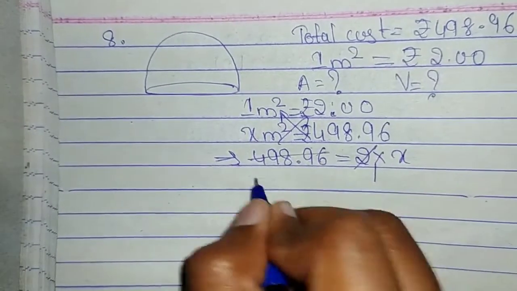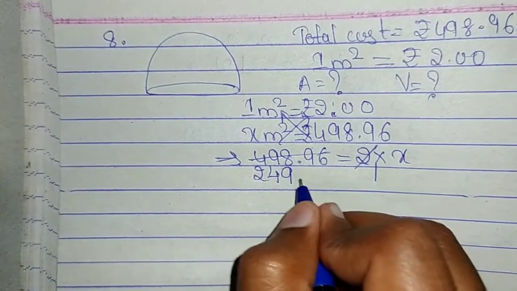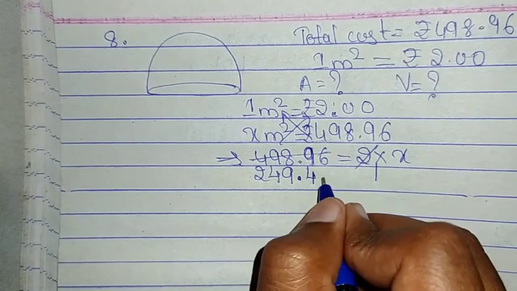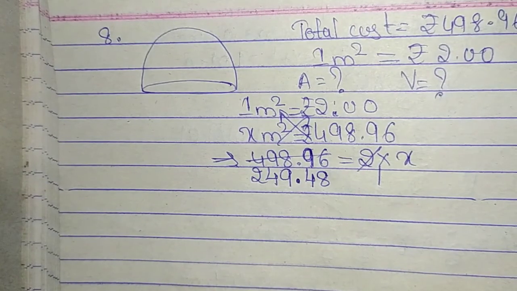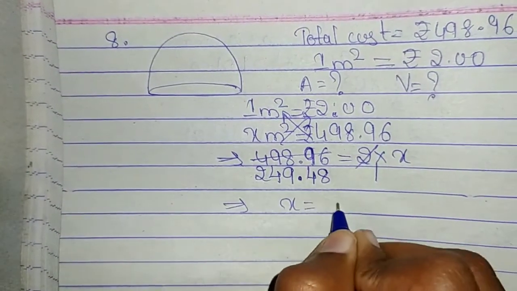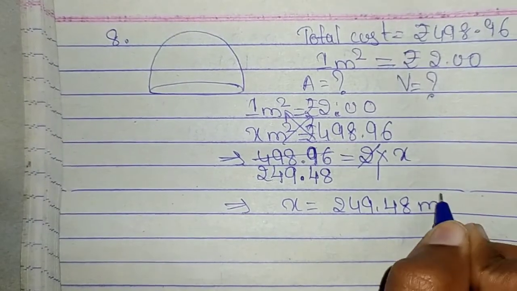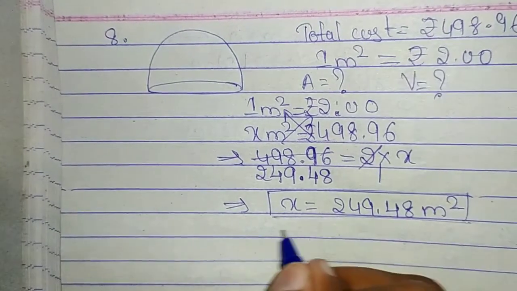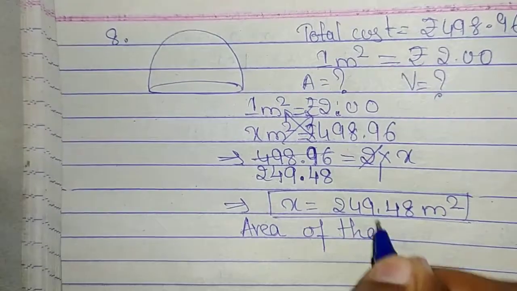So 498.96 by 2 is nothing but 249.48. So x is equal to 249.48 meters square, because it is rupees 2 per meter square. This is the area of the dome, or the inner surface area of the dome, the solution for the first part.